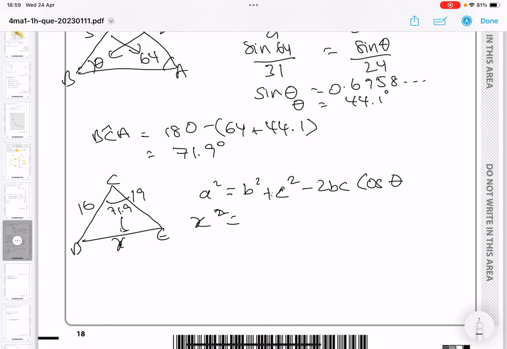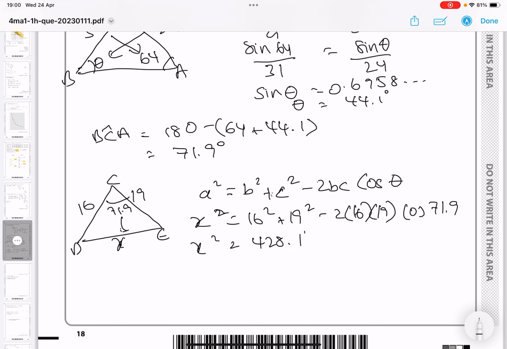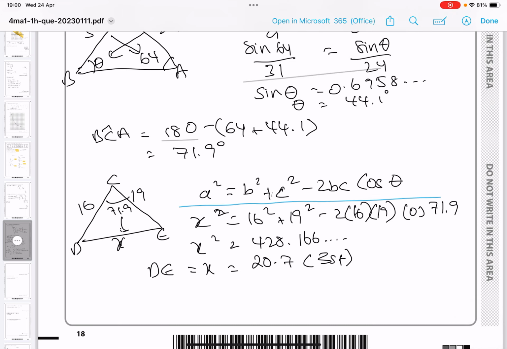So x squared equals 16 squared plus 19 squared minus 2 multiplied by 16 times 19 cos 71.9. When you plug that in your calculator, you should get 428.166, and if you square root it, x is 20.7 to 3 significant figures. So DE is 20.7 centimeters.